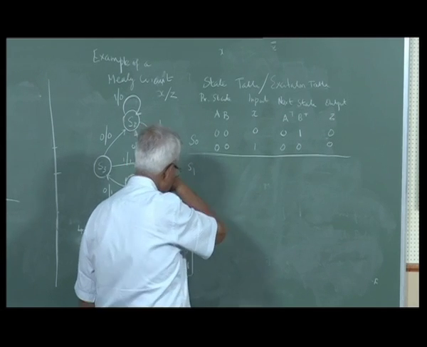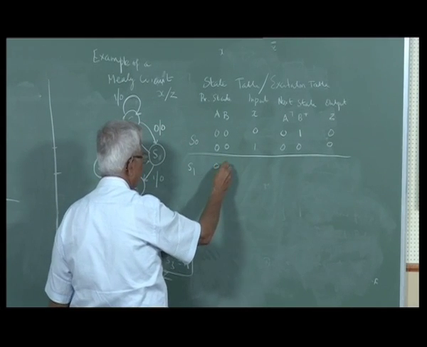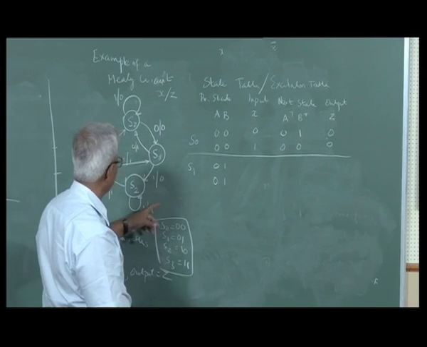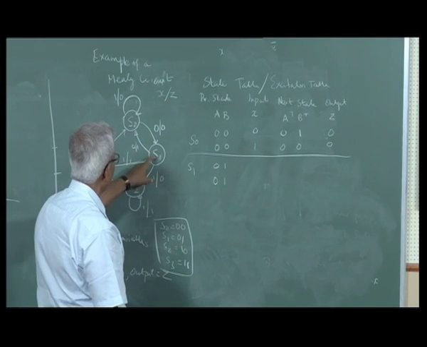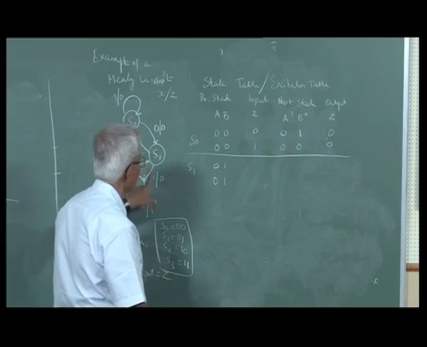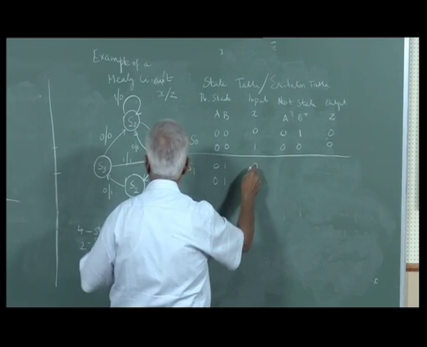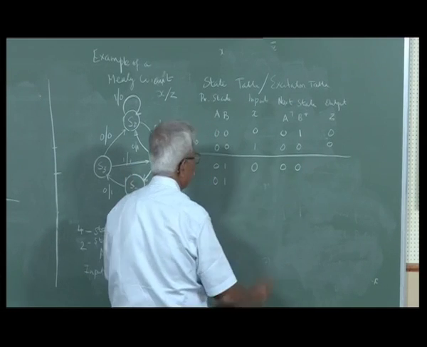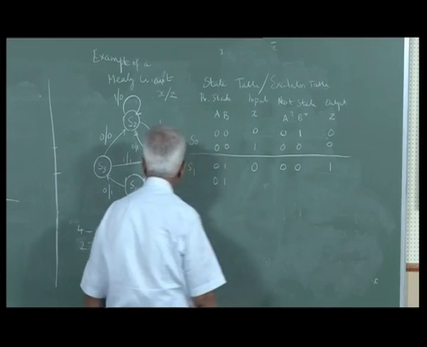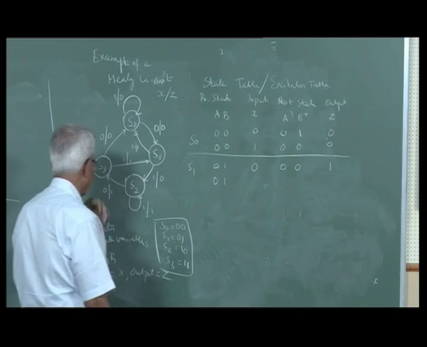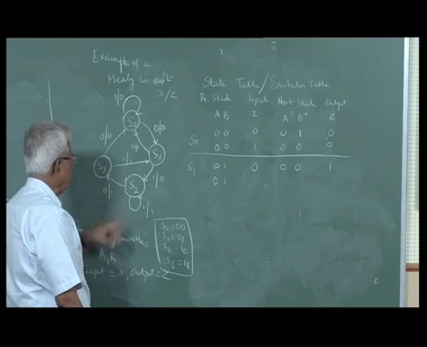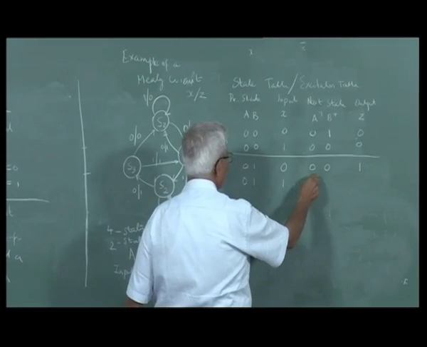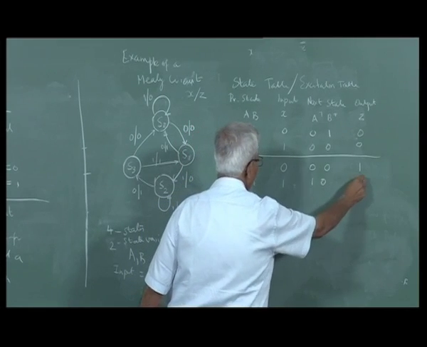S1 is 0 1. In S1, if X is 0, it goes to S0, and it produces an output of 1. If it is in S1 and the input is 1, it goes to 1 0, and the output is 0.